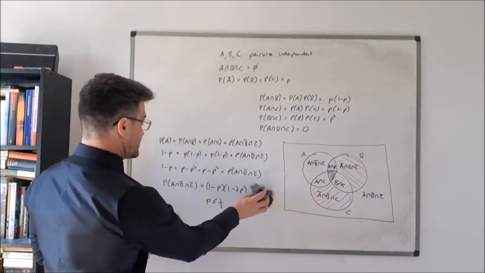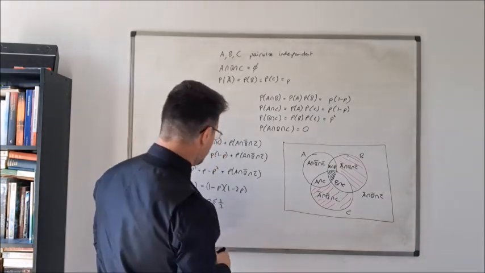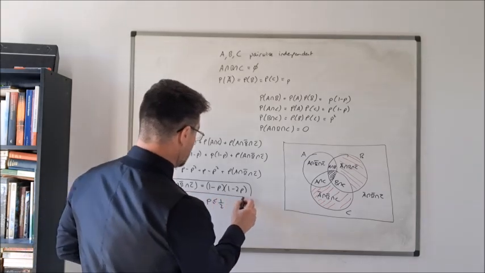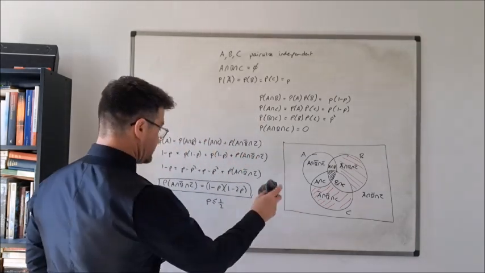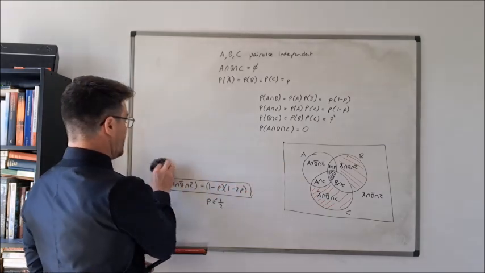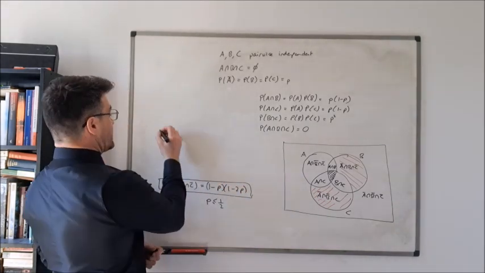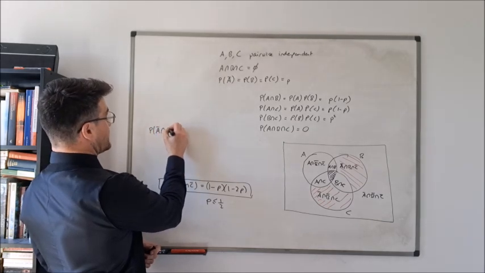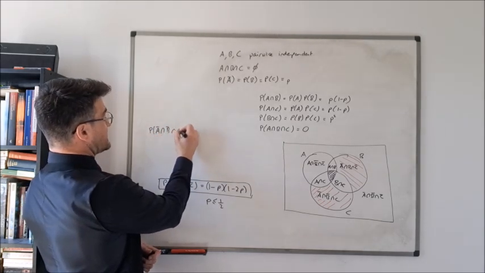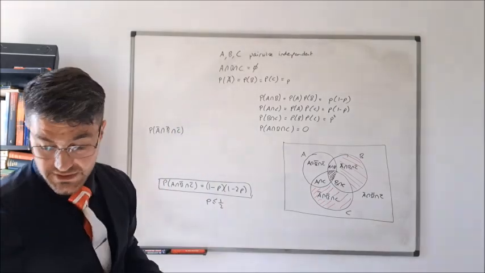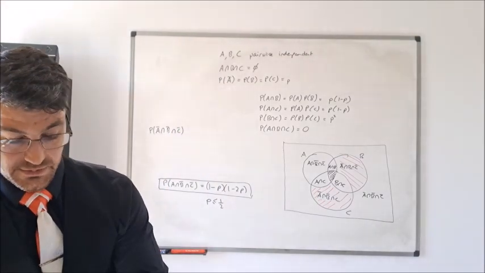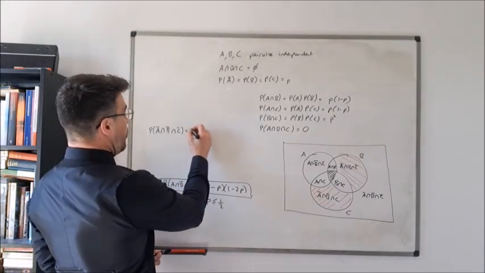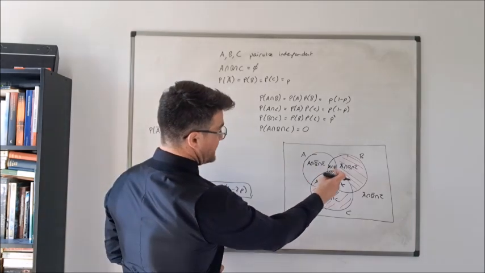So let's get rid of this. Actually, I'm going to leave that on because that's going to be useful to us. The final calculation that I want to do is A intersect not B intersect not C. I'm just going to refer to my notes to make sure I'm not making any errors here. This is going to be 1 minus the sum of these probabilities.